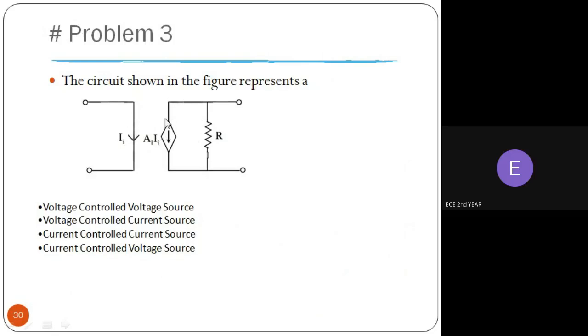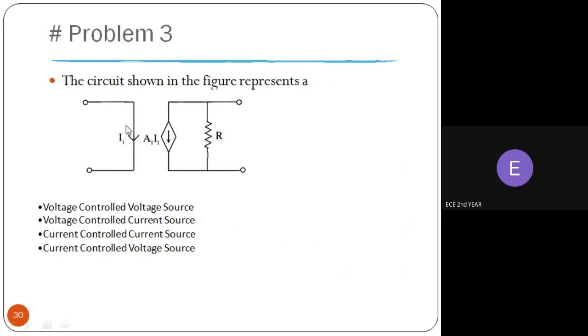It is A1 into I1. So what is the variable element? I1. Where is I1? I1 is represented here.